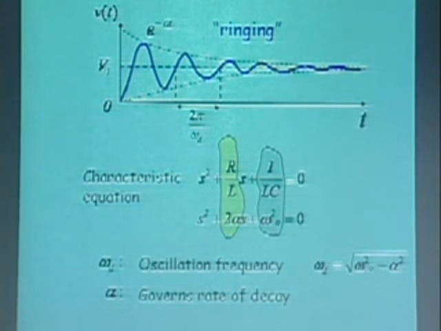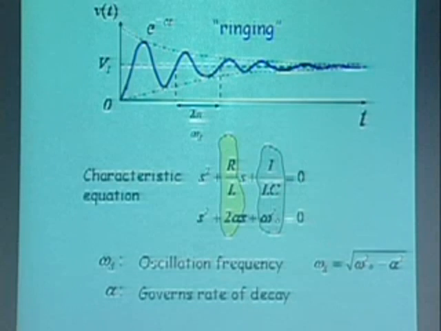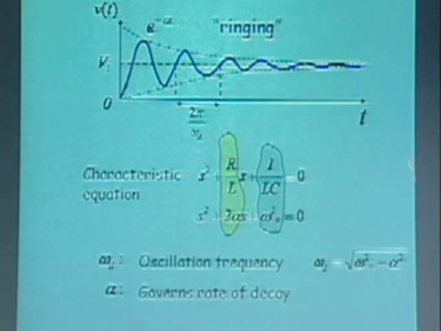Up to now, you still have to write the differential equation to get the characteristic equation, so you still have to do some differential equation stuff. But in 2 lectures, I'm going to show you a way where you can even write down the characteristic equation by inspection. You can look at your circuit and boom, in 15 seconds or less, write down the characteristic equation.